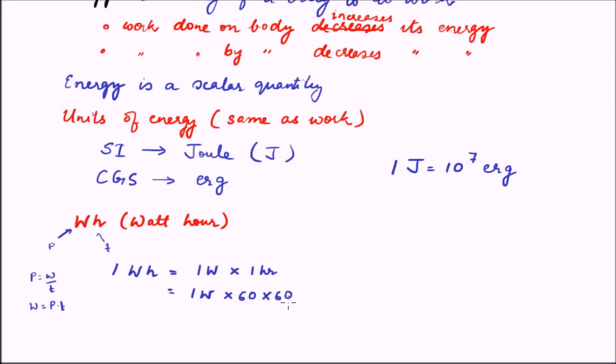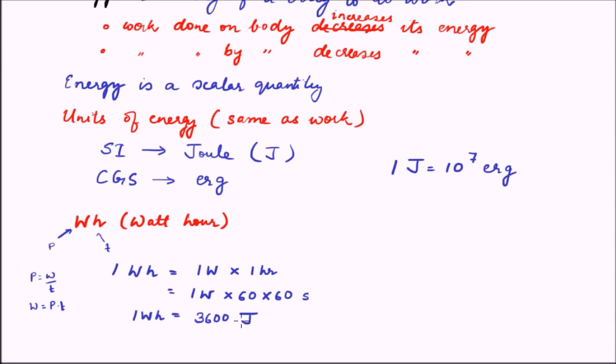So this is now in seconds, which implies that 1 watt hour is 3600 watt into second, and we know that watt into second is joule. So we got the SI unit. 1 watt hour is equal to 3600 joule.